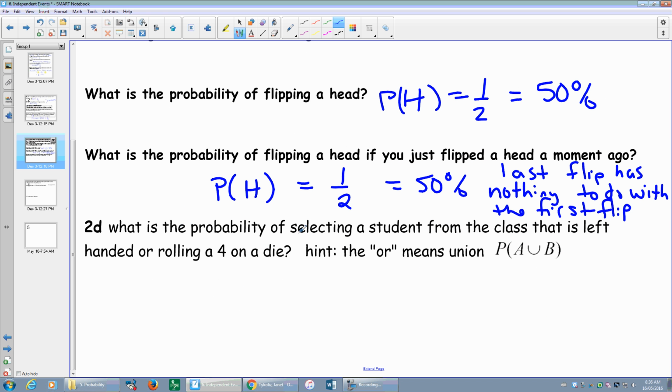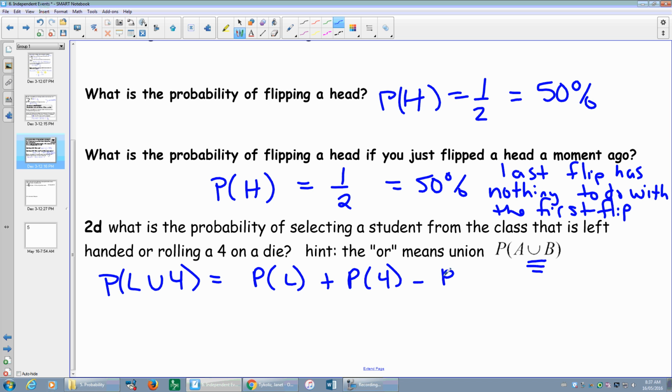What is the probability of selecting a student from the class that is left-handed or rolling a 4 on a die? So again, as soon as I have this OR case, the probability that you are left-handed or you roll a 4 is equal to the probability that you are left-handed plus the probability that you roll a 4 minus the probability that you are left-handed and you roll a 4.